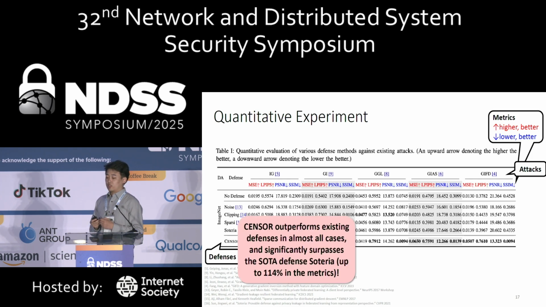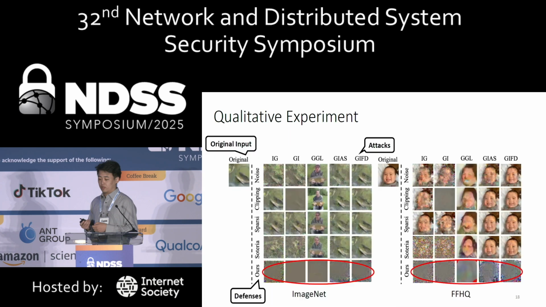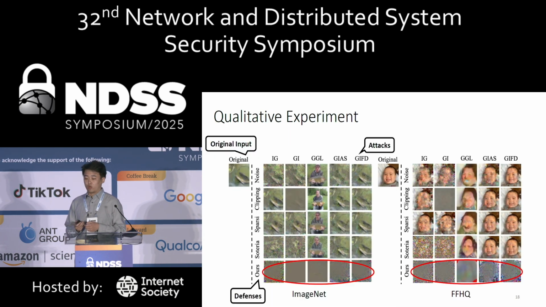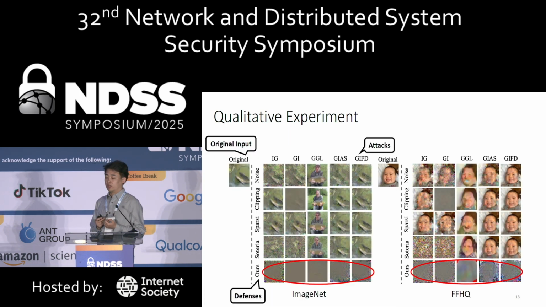We can see CENSOR outperforms existing defenses in almost all cases, and it significantly surpasses the state-of-the-art defense, Soteria, by up to 114%. And here comes our qualitative experiment. We choose two examples from ImageNet and FFHQ.